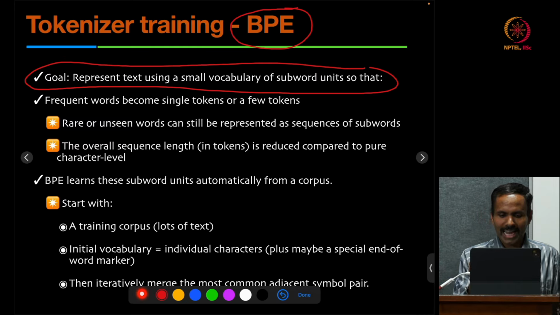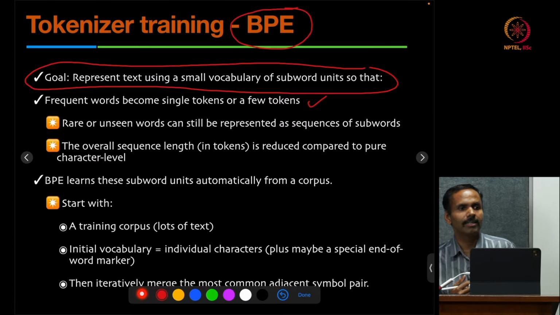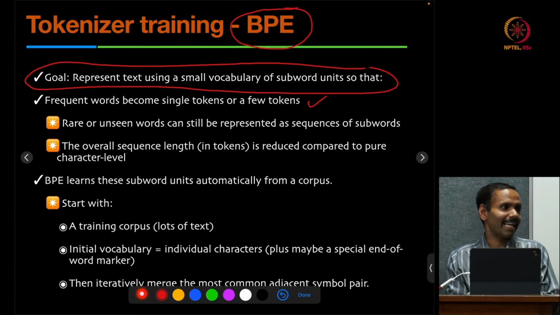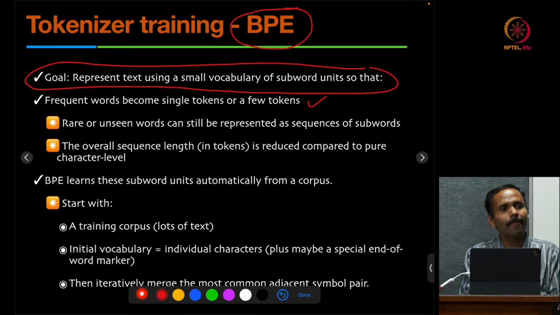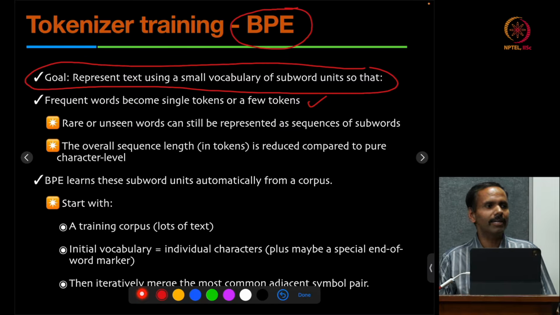What we also desire as a property is that frequent words, frequent sequences of characters or entities in the text should have smaller length in the token world, right? So it has to be based on the probability of a particular sequence appearing in the text, which has to get compressed into smaller units.